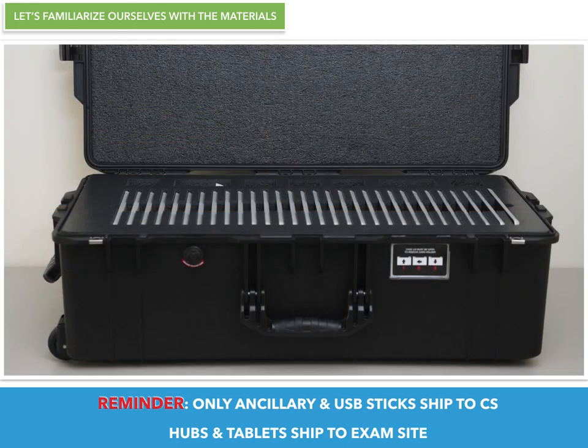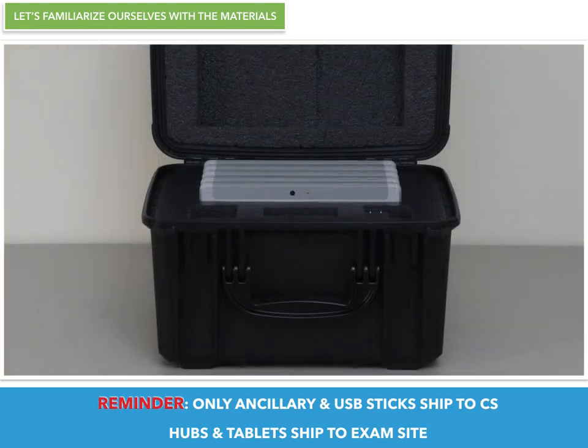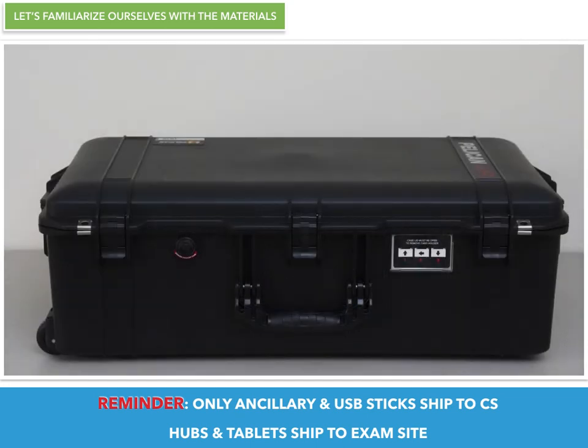Tablets will be shipped in cases that hold up to 30, 20, or 5 devices and come fully charged, although there will be chargers in the cases should you need them. The largest case, which holds up to 30 tablets, is similar in size to a typical checked suitcase.